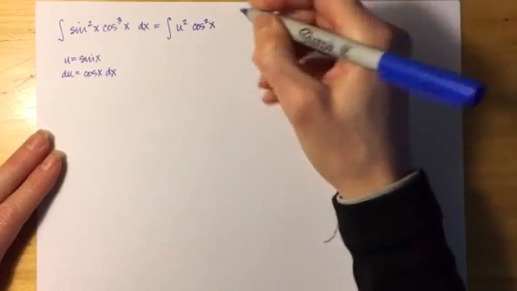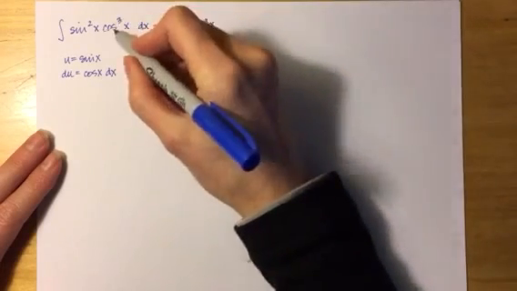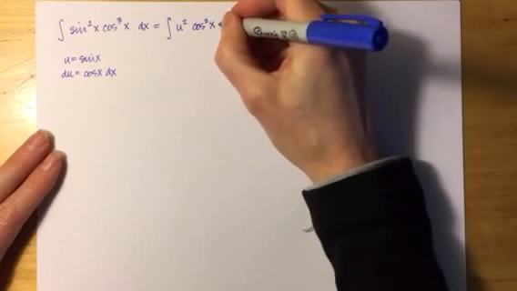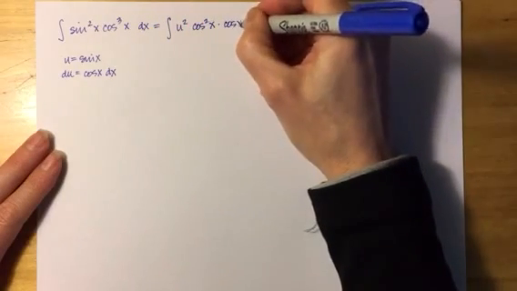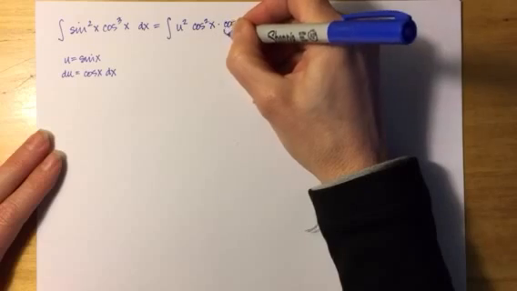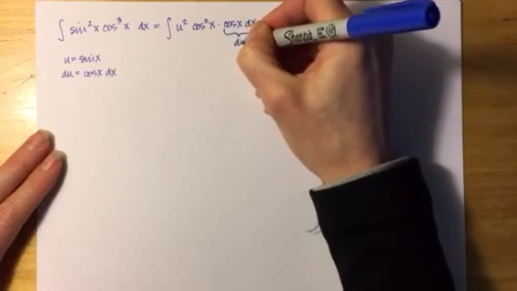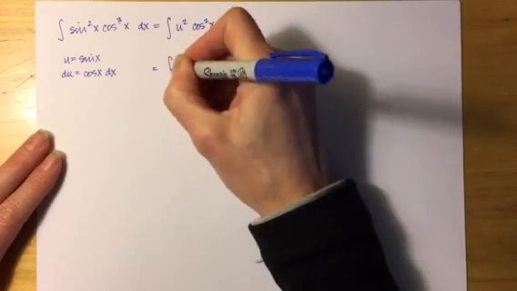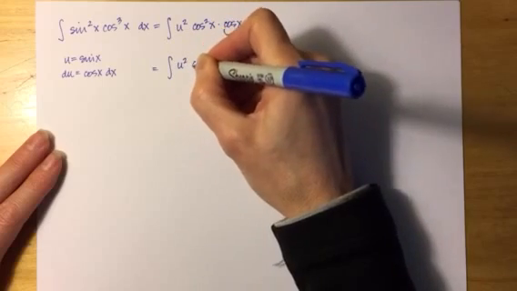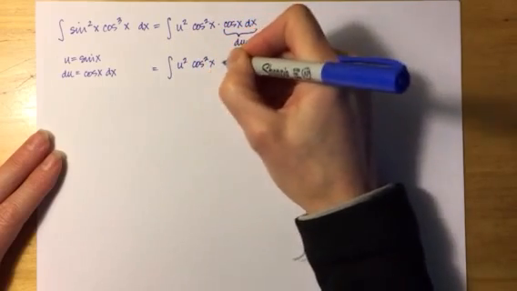Cosine squared x, and then one of these cosines together with the dx, so this makes du. Do you see? So u squared times cosine squared x dx.